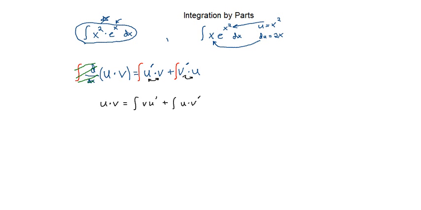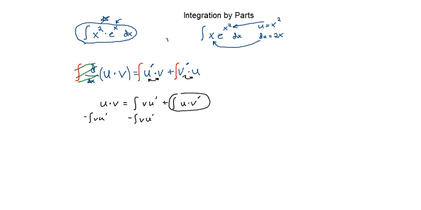Alright, and then what we're going to do is isolate this integral here. So that means I have to subtract the other integral. If we do it to one side, you have to subtract it from the other side.